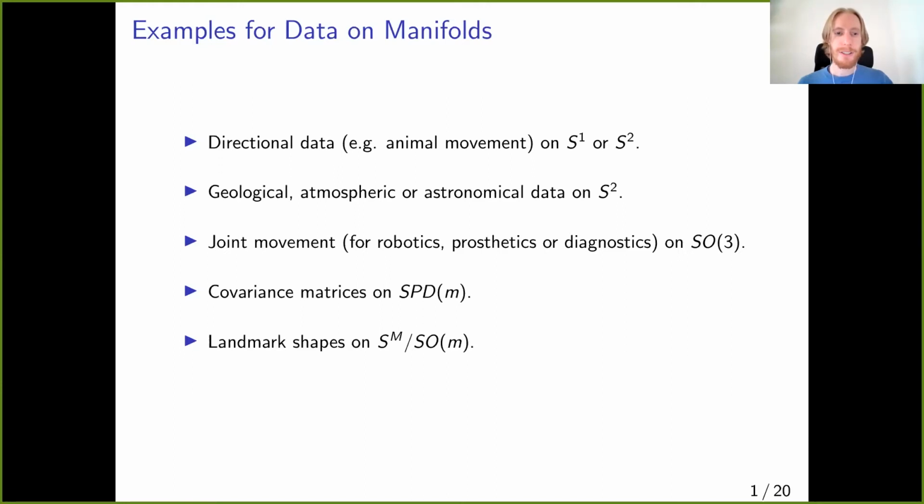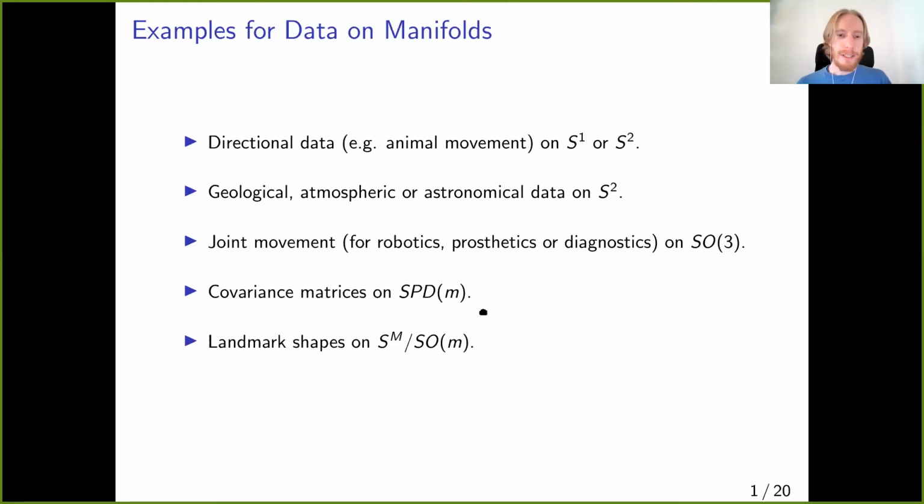Another important example are joint movements, which are important for robotics, for prosthetics development, or for medical diagnostics. Joint movements are often represented in terms of rotation groups, so SO3, for example, which then register the rotation of certain bones relative to each other.